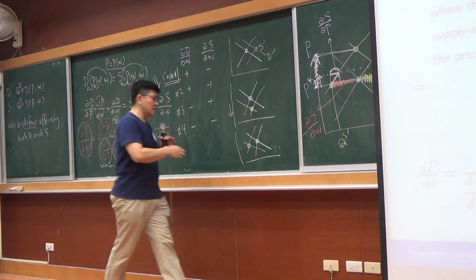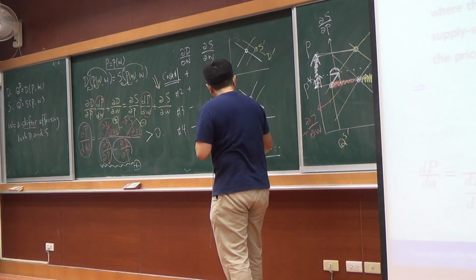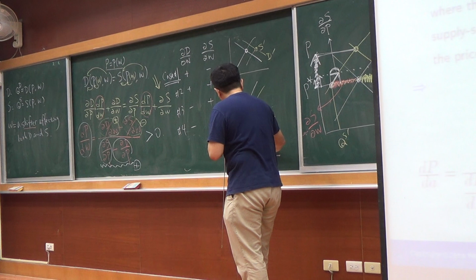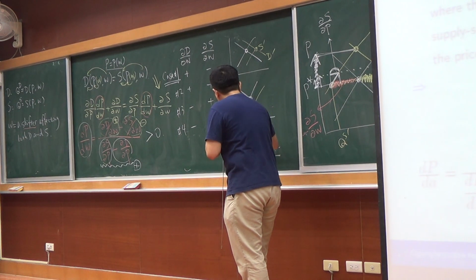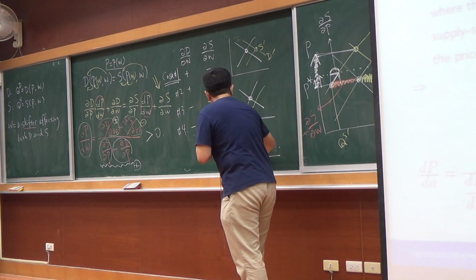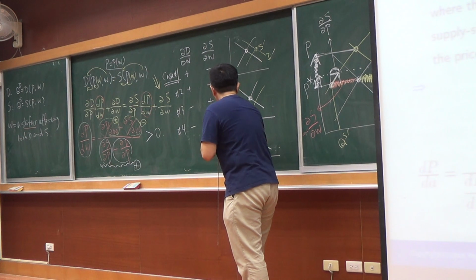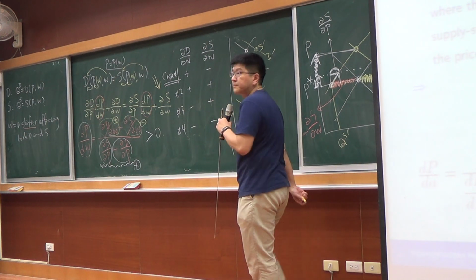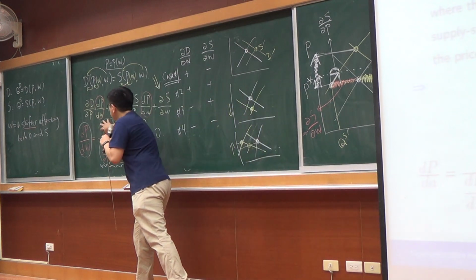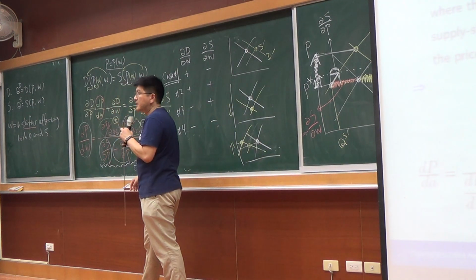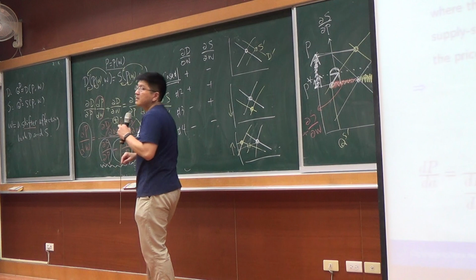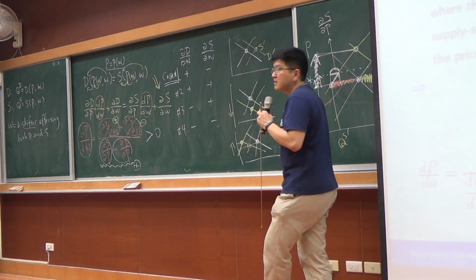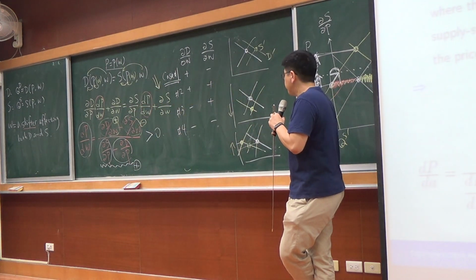So if this is the small negative and a big negative, then the price will go up, right? A small negative minus a big negative makes the numerator positive.